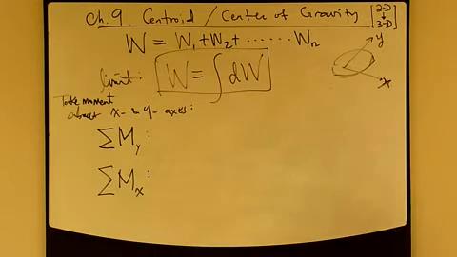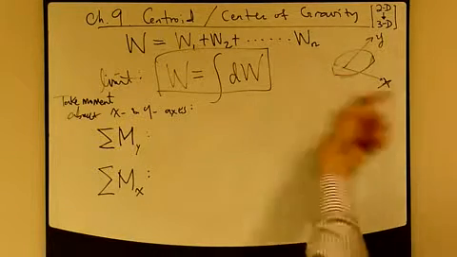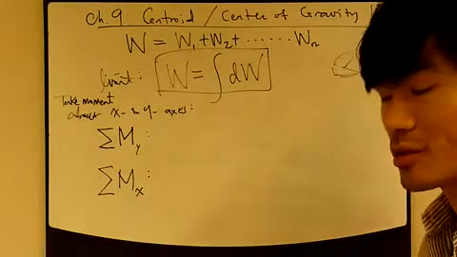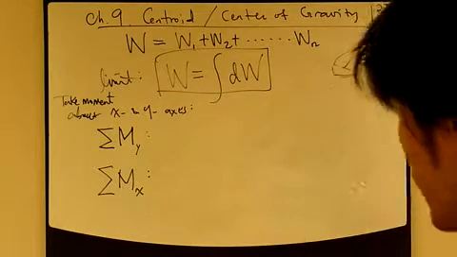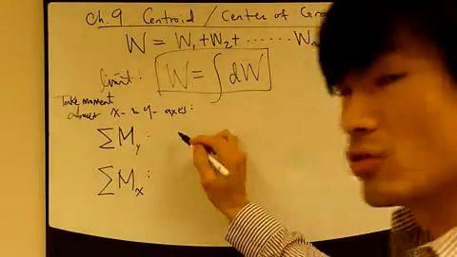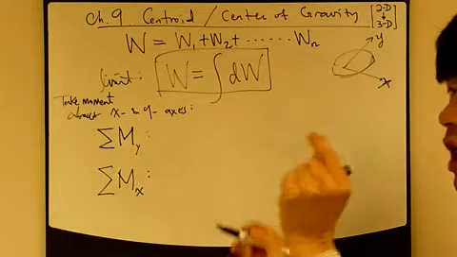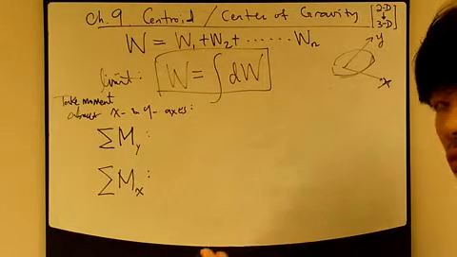So sum of moment about y-axis, I recall from previous chapters we talked about moment: summing moment about an axis is equal to the moment arm times the force vector.